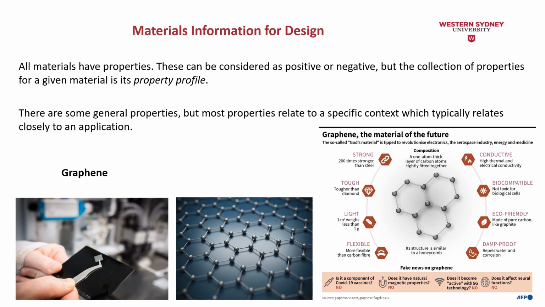So for example, graphene is going to have its own properties. Graphene, a material of the future, is a composition of a one-atom-thick layer of carbon atoms tightly fitted together. That's what makes it superior. It has flexibility, it's lightweight, tough, and strong.